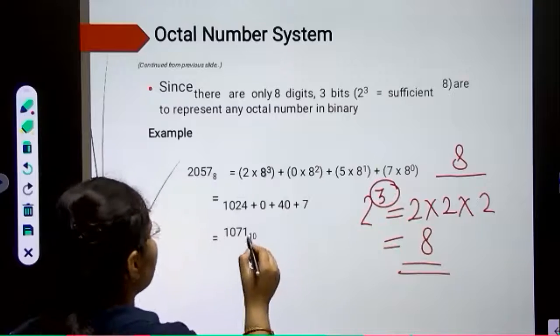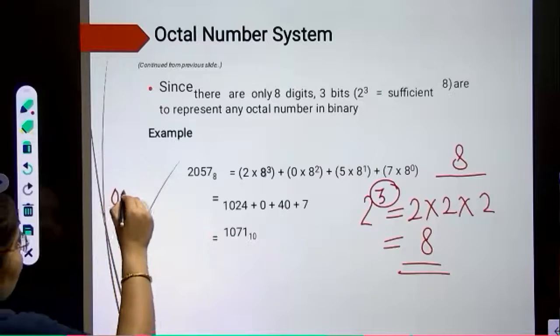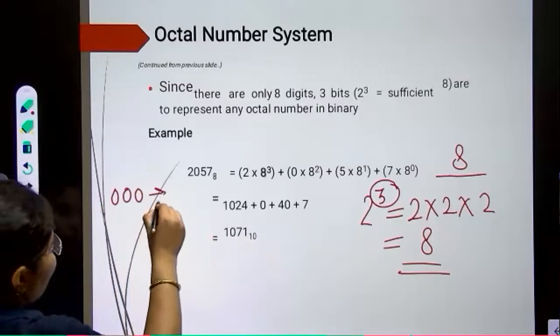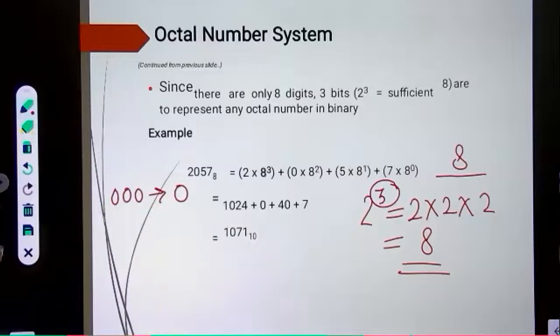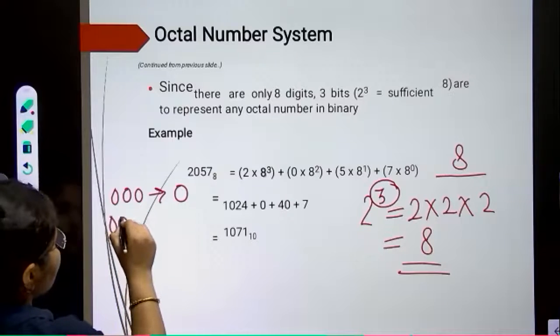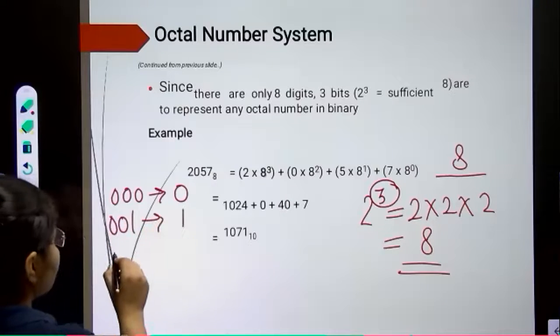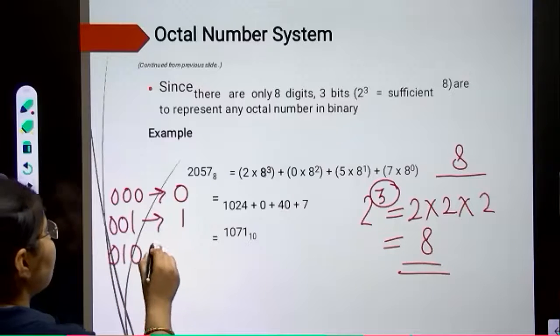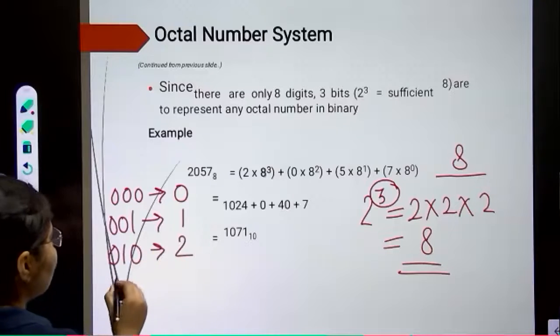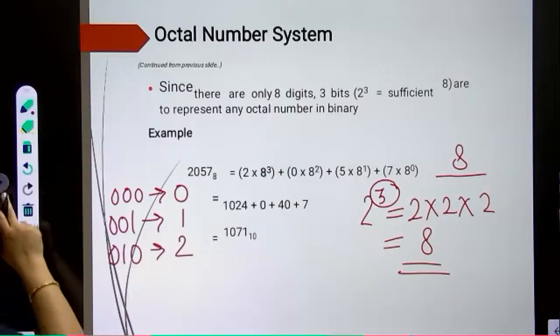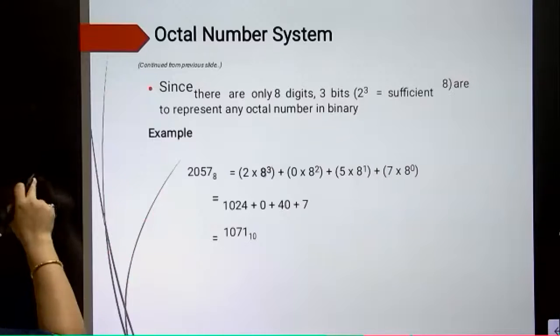Now it means 0 0 0 is equivalent to 0 in octal. 0 0 1 is 1, 0 1 0 will be 2. I will write this on the whiteboard. That will be good for you to note it down also.